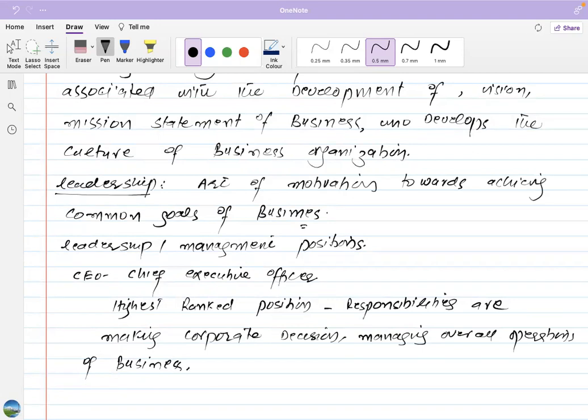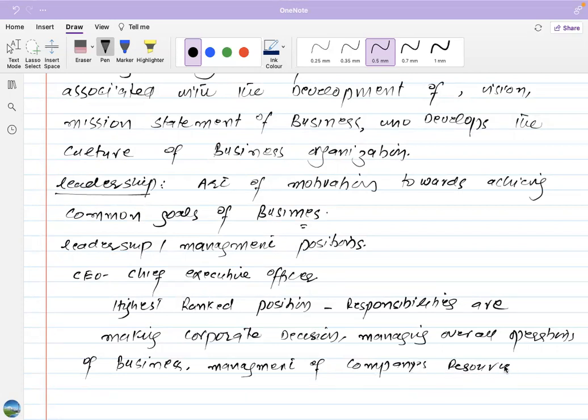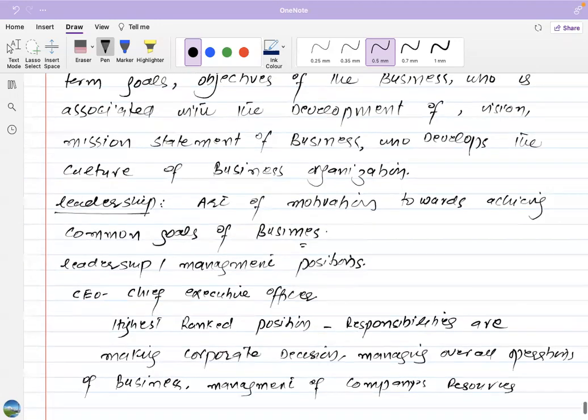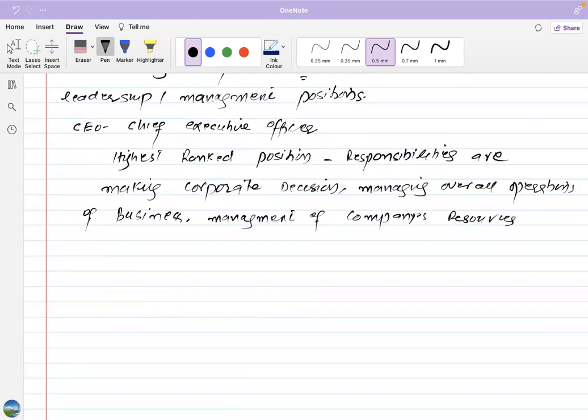He's also responsible for the management of company's resources. So these are a few responsibilities that a leader, a manager who is called CEO, will be performing.